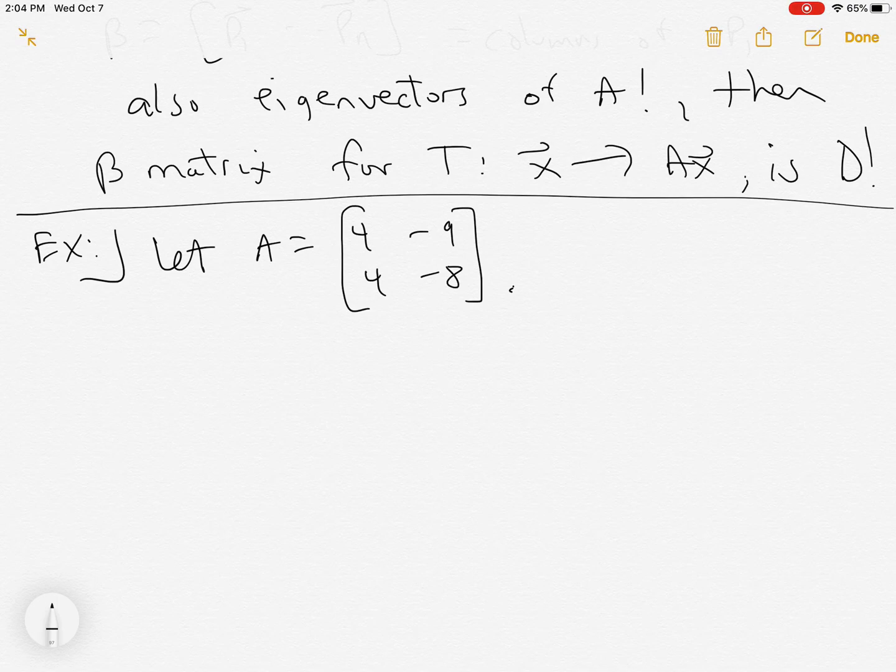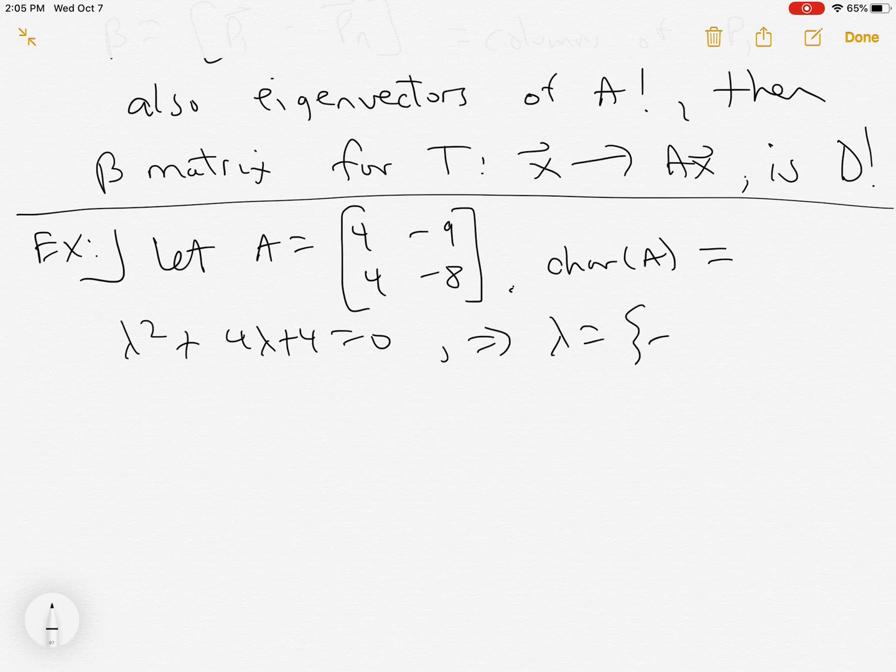So the characteristic equation for A is lambda squared plus 4 lambda plus 4, set equal to 0. And this says that lambda has 2 eigenvalues, both of which are the same.